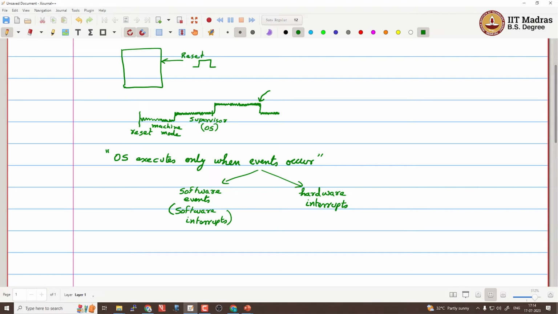The OS services this interrupt, executes certain functions as required for this particular interrupt, and then goes back into the user mode and lets the user processes continue to execute. And this keeps going on continuously. So the user processes execute until there is some external event, either a software interrupt or a hardware interrupt, and then the OS executes.